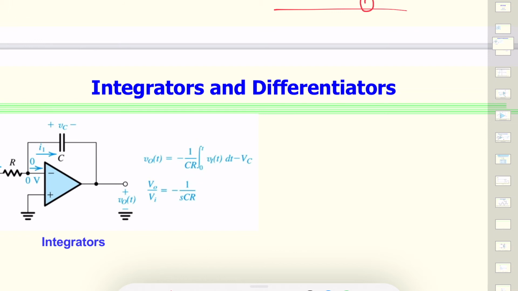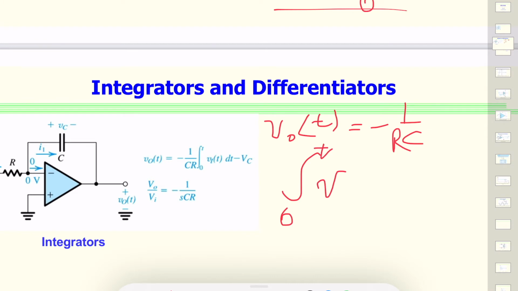What we get is output voltage V output, of course with respect to time, would be minus 1 over RC integrated from 0 to t of Vi(t) dt, minus Vc.